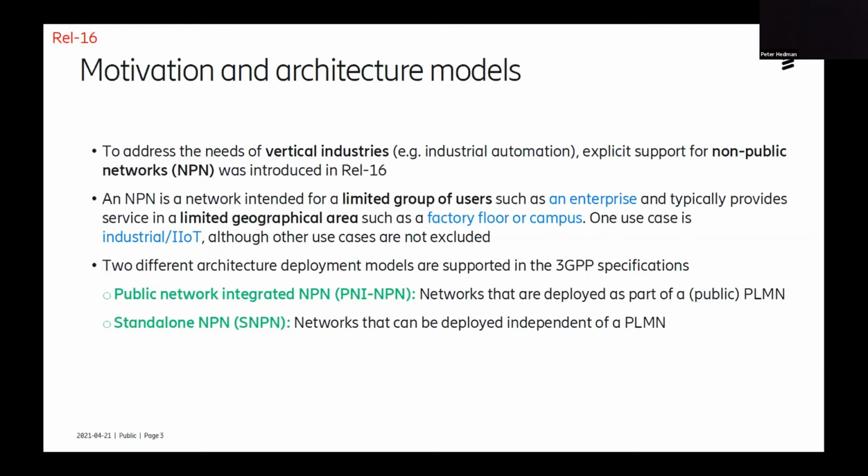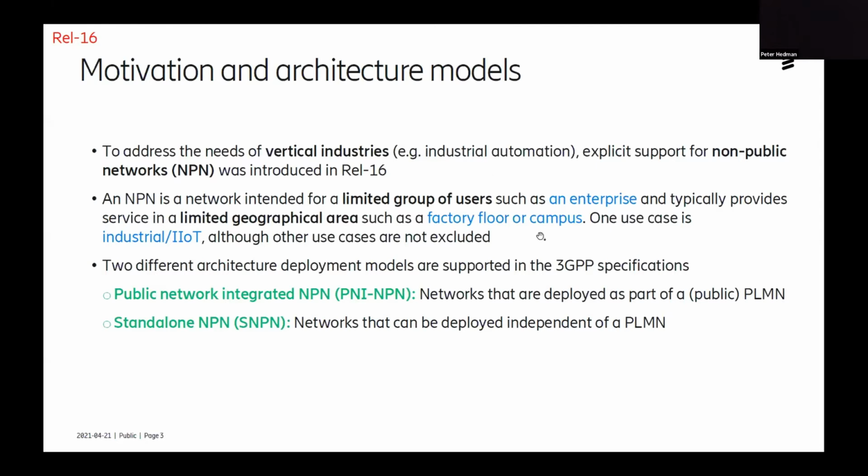So the mindset has been that a non-public network is intended for a limited number of users. It can be an enterprise in a specific geographical area, and the use cases can vary, but this has been the main consideration.